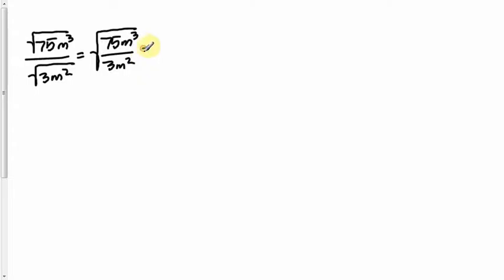And in this case, it does help because 3 is a factor of 75. How many times will it go? 25. And m squared will cancel into m to the third and leave you with an m. So you're going to get the square root of 25m. The square root of 25 is 5, and then you still have the root m left there.